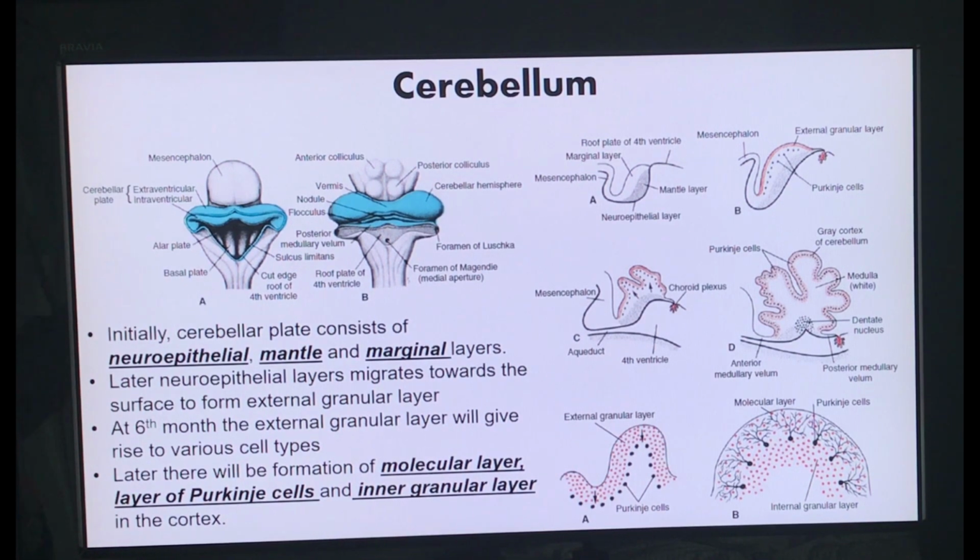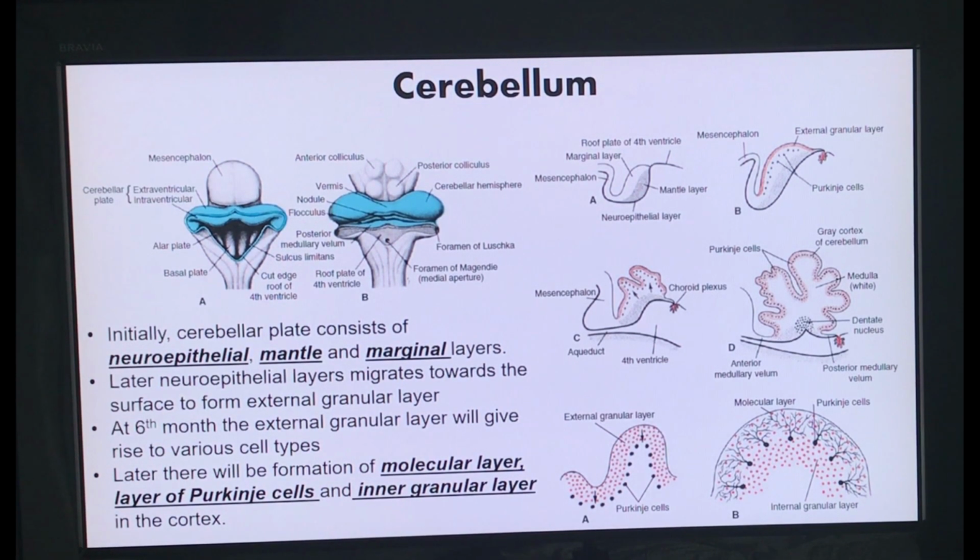You can also see basket cells, stellate cells. All these cells develop from this external granular layer. That's why in the cerebellum at the surface you see the gray matter having different types of neurons, and inner there will be white matter, which is nothing but the fibers of these neurons.